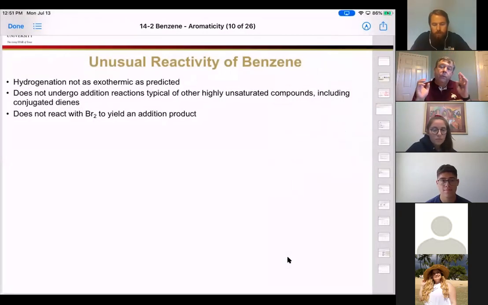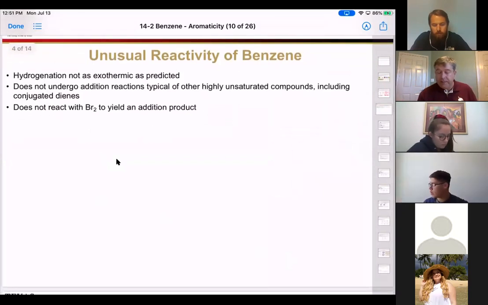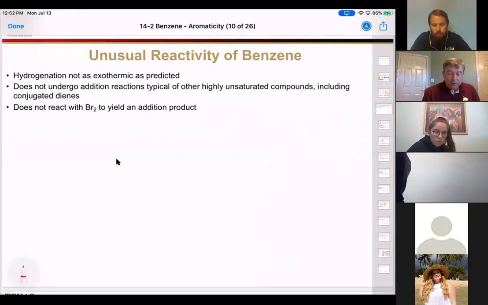So what I really want you to know is that the hydrogenation did not give off as much heat as it should have, meaning there's some other thing giving us stability here. And that the typical reactions of other alkenes don't work on benzene. For example, if we had benzene right here and we wanted to react it like it was an alkene, one of those reactions we would use is to add bromine across that alkene, right?